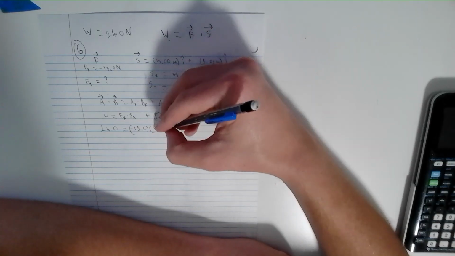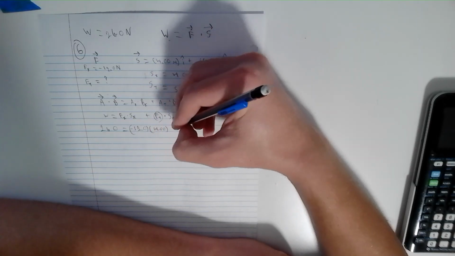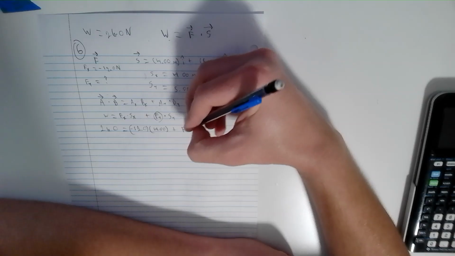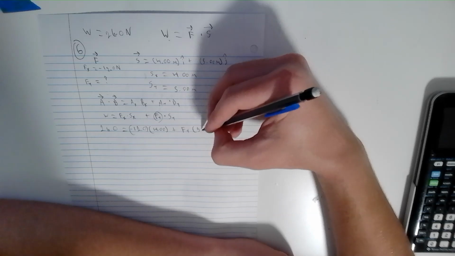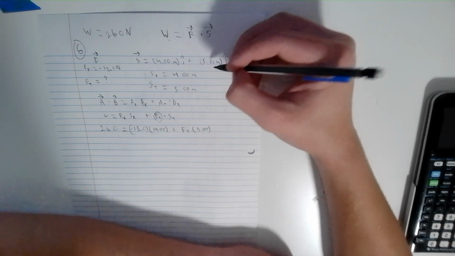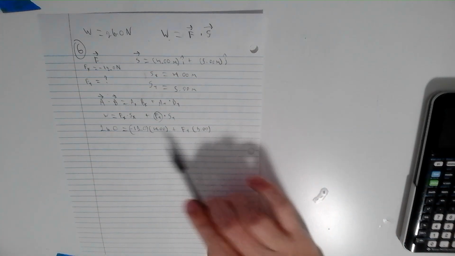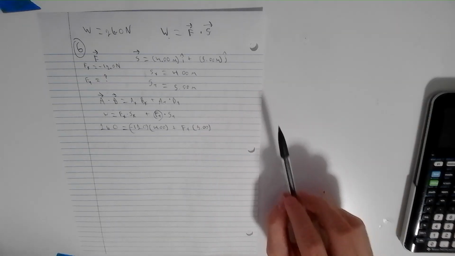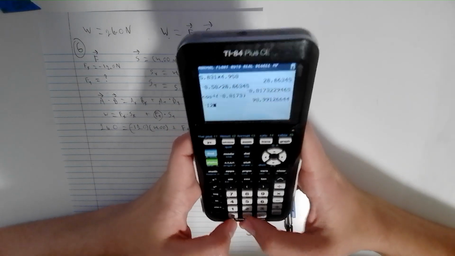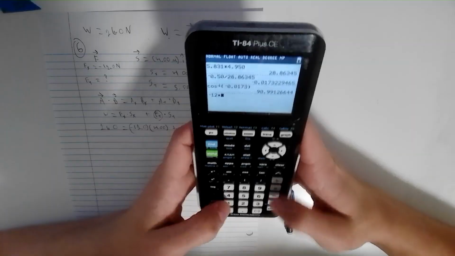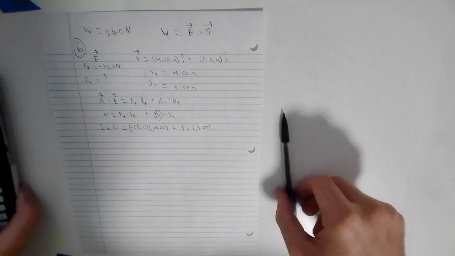Times s of x, which is 4, plus F of y times s of y, 5. All right, and so we just have to solve for f of y. So negative 12 times 4, that's going to be negative 48.